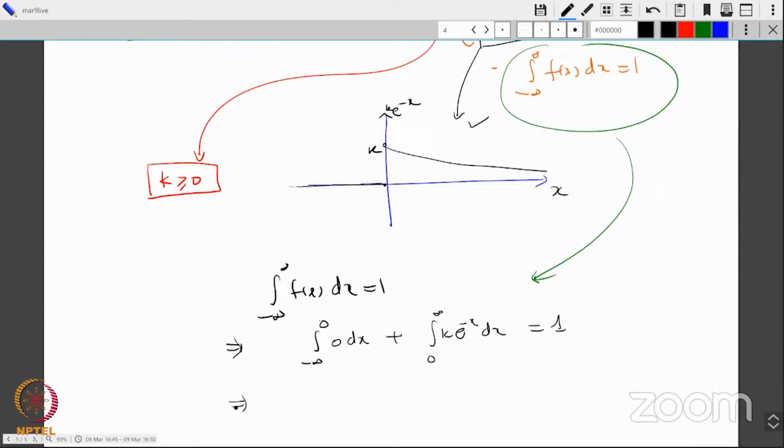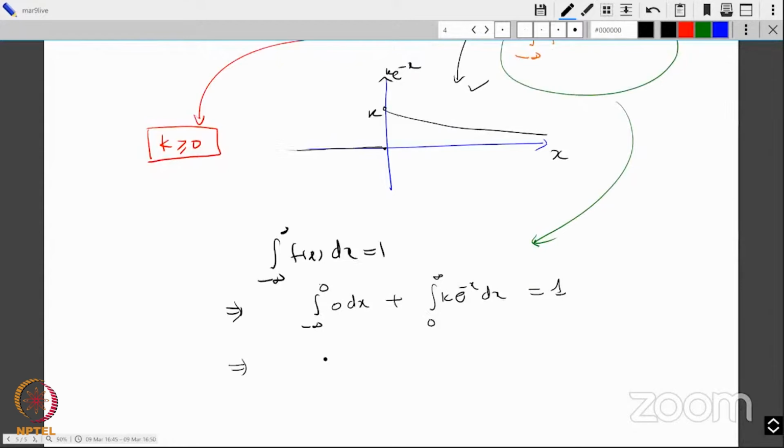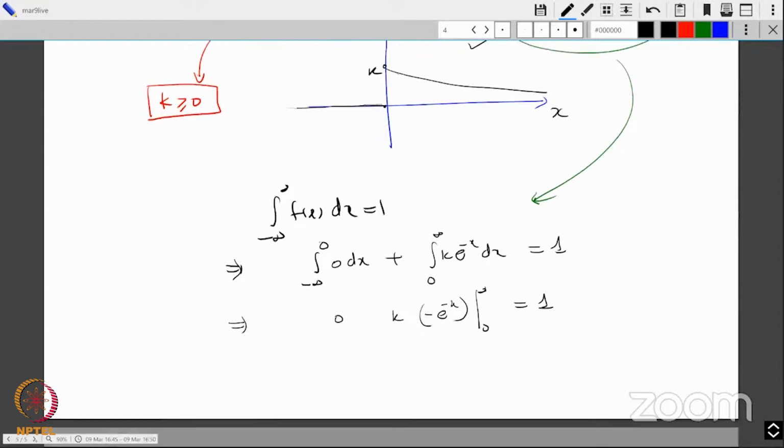So what does that imply? This part is 0, and k comes out. The antiderivative of e to the minus x is minus e to the minus x, from 0 to infinity. At infinity you get 0 because the function goes to 0. So you get k times 0 minus minus 1, which is equal to 1.